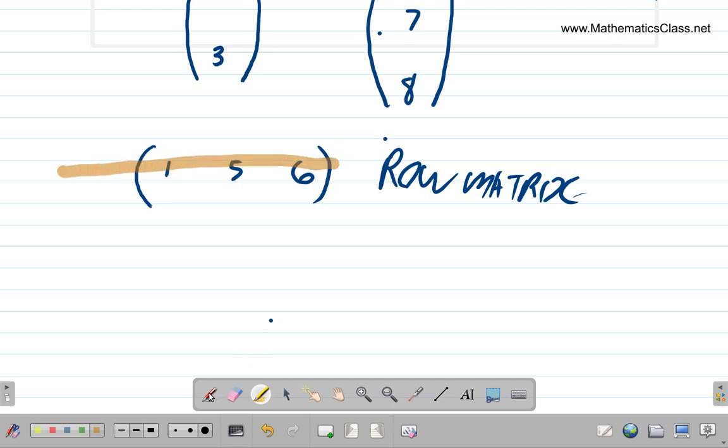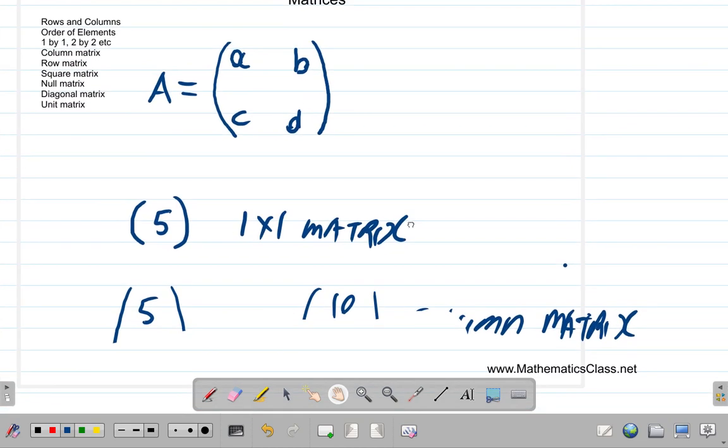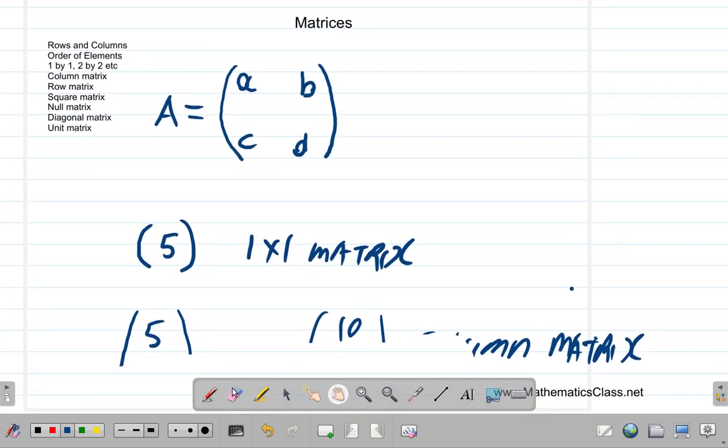It has more than one column, but one row. There are 3 columns here, but one row. So you call this matrix that has only one row a row matrix. Good.